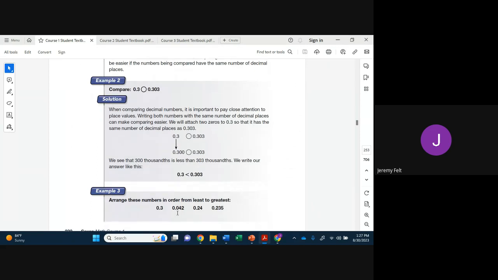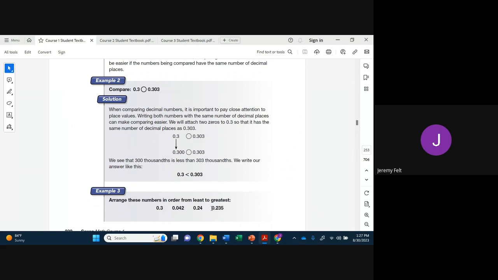Can do the same thing here, comparing from least to greatest. So if we took them all out 3 digits, well, we look at the ones place, they're all zeros. So that doesn't help us. The tenths place, 3, 0, 2, and 2. So this one's greater. This one's the smallest. And then these two, we need to figure out which one is greater. 4 and then 3 in the hundredths place.